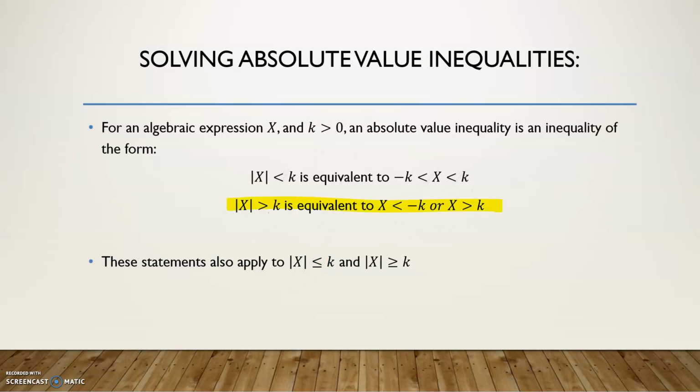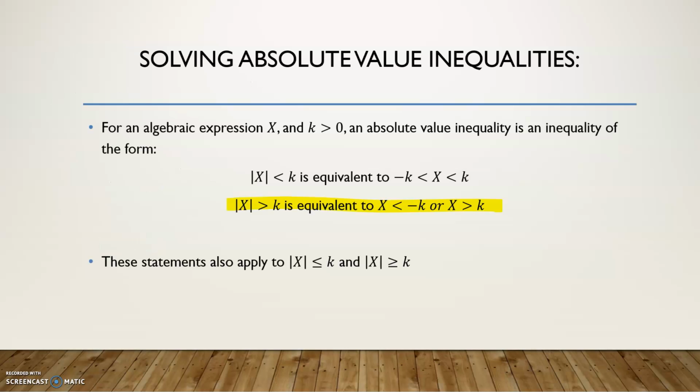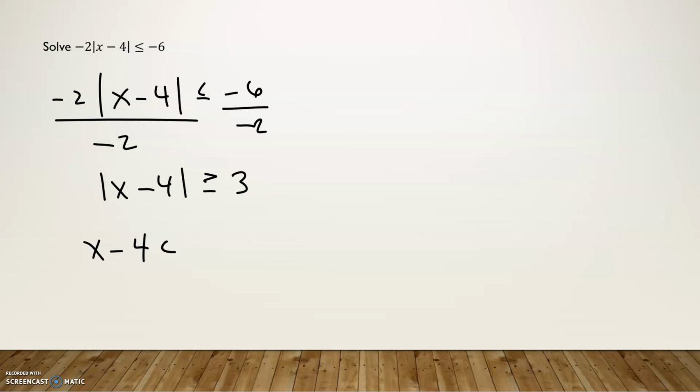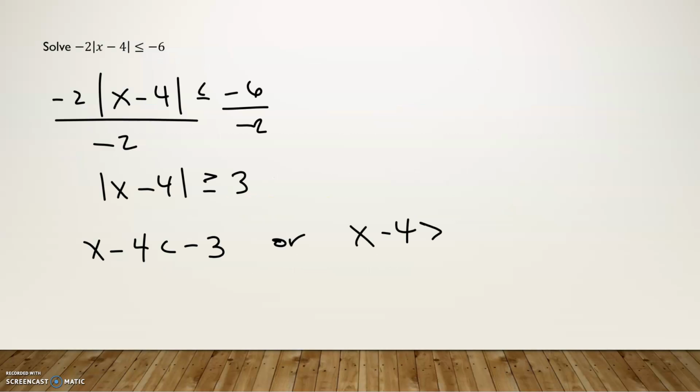So this is the one we're looking at right here. Okay, so we need x less than negative k or x greater than k. So we need x minus 4, and I need a less than negative 3, or x minus 4, and then I need a greater than 3.